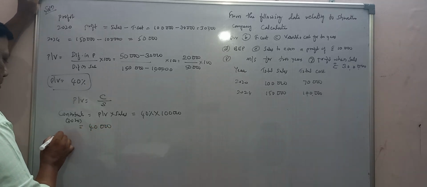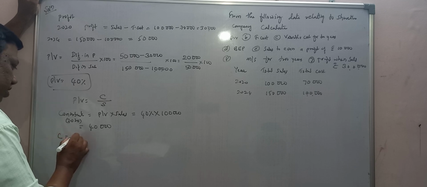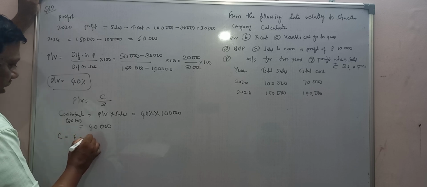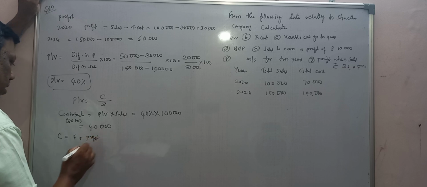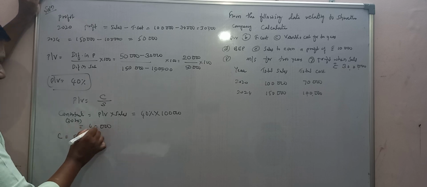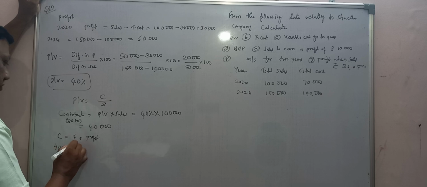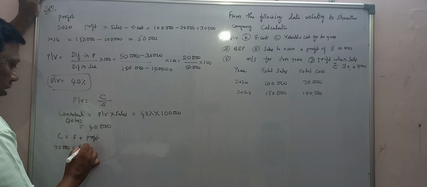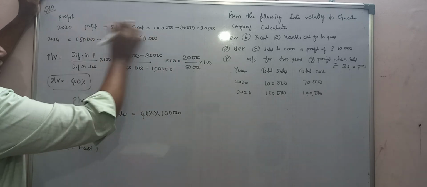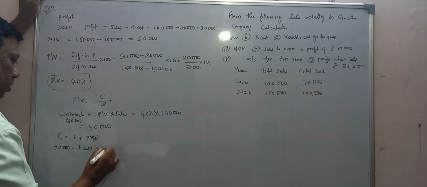I said, one more formula we have to calculate contribution. Contribution equals fixed cost plus profit, right? We know contribution, 40,000. I am substituting. Fixed cost I don't know, that I am calculating, but I know profit of 2020, that is 30,000.